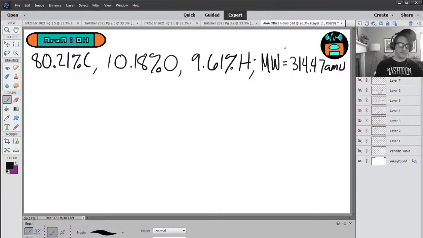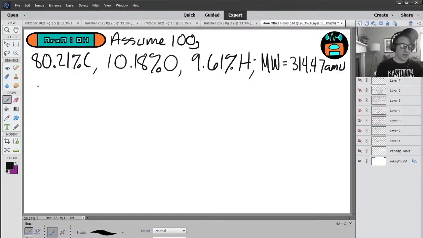So first off, to calculate the empirical formula, we're going to need the simplest whole number ratio for each element, and we're going to assume that we have 100 grams.